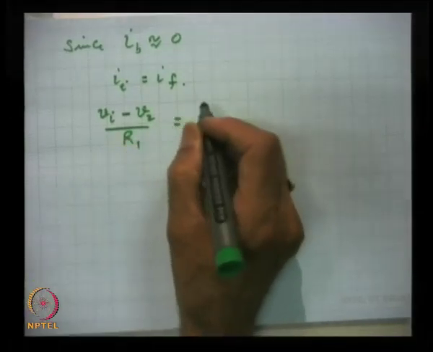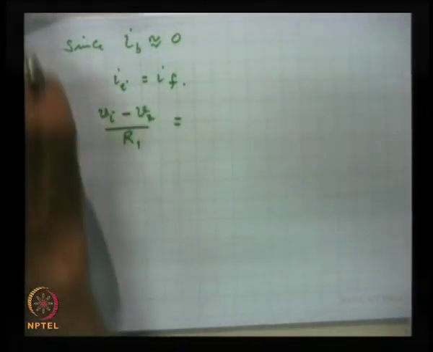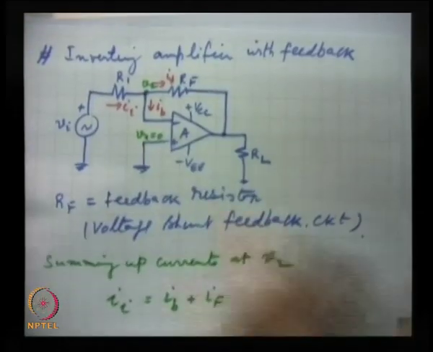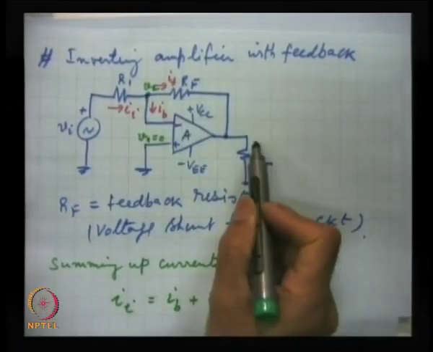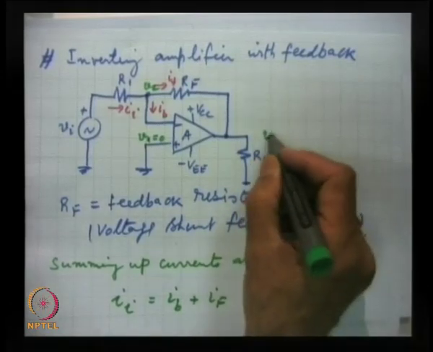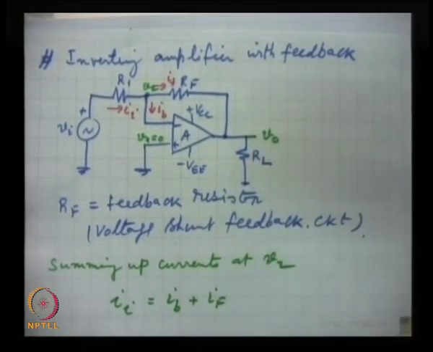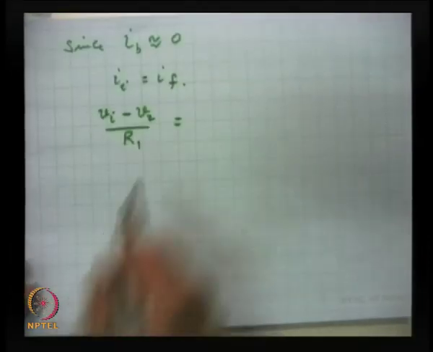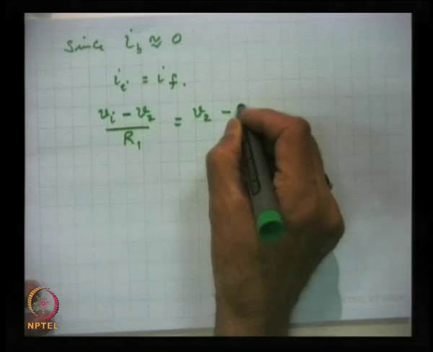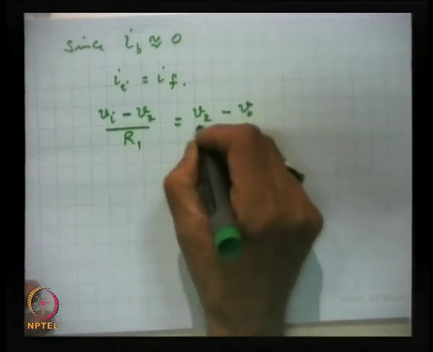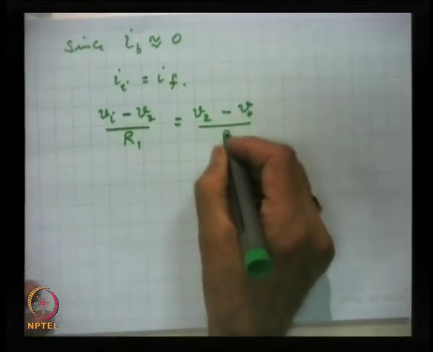This is equal to IF, and for IF the two terminals, one is at voltage V2, the other is at voltage V0, the output voltage. So this is equal to V2 minus V0 by RF.